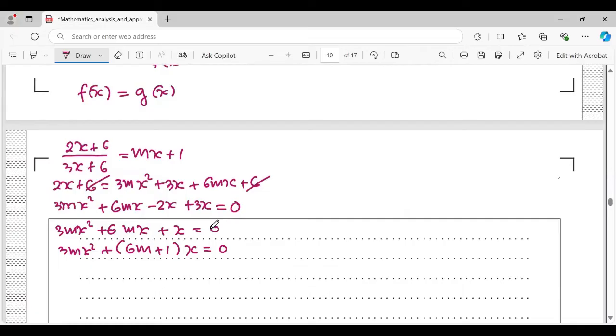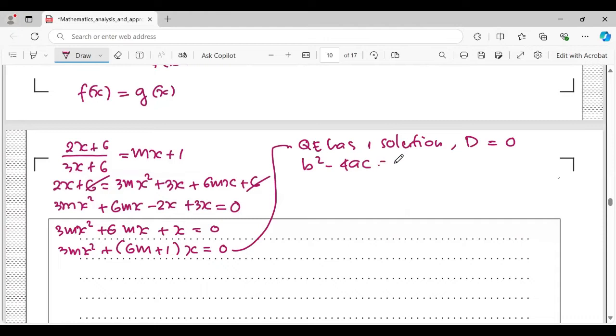Right. If it only has one solution, this is a quadratic equation. A quadratic equation has one solution if the discriminant equals 0, if b squared minus 4ac equals 0. So b is 6m plus 1, c equals 0.